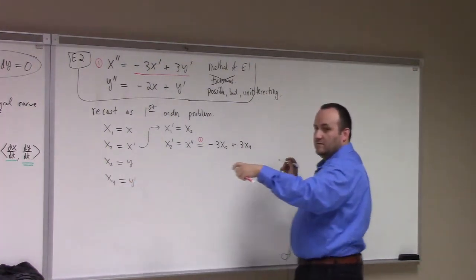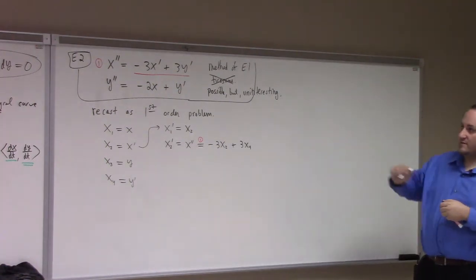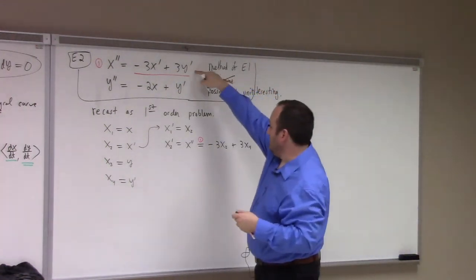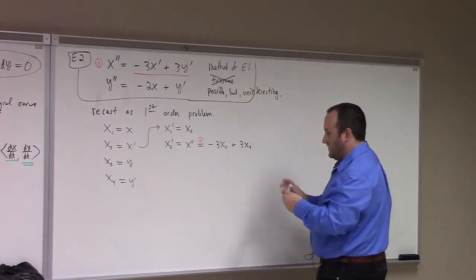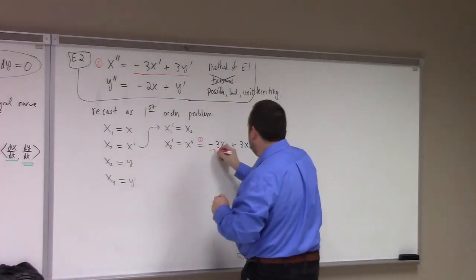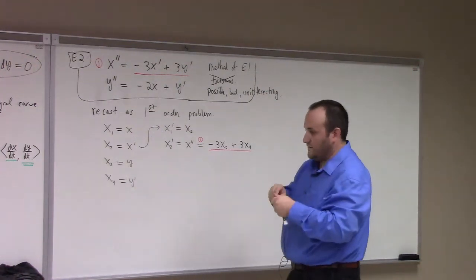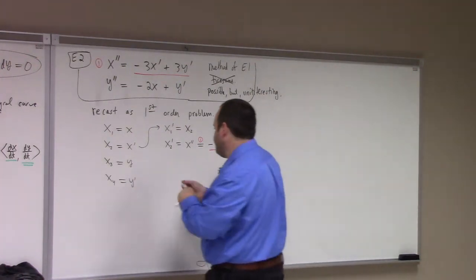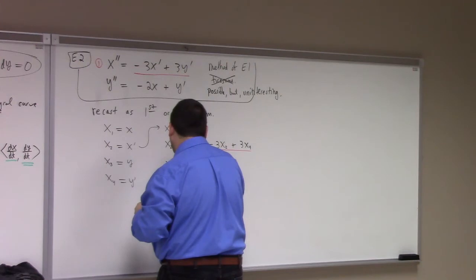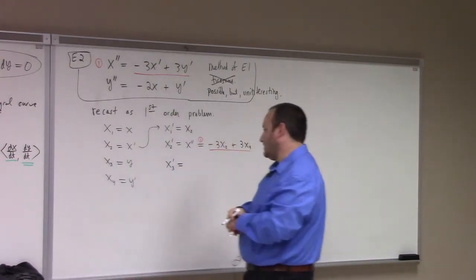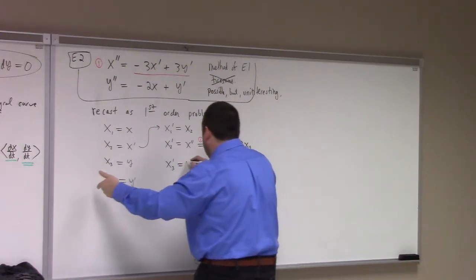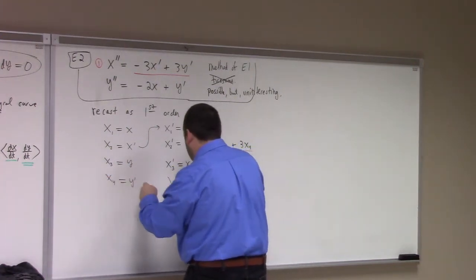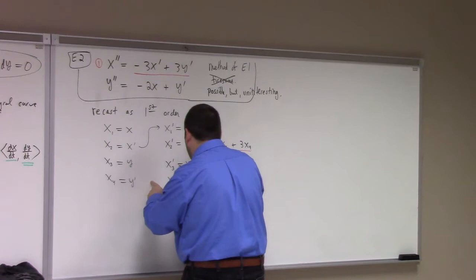See what he's doing? Do you guys understand? Do you follow? We're translating the underlined red thing in terms of our new variables. This is called reduction of order. How about x3 prime? Right, that's because that's y prime, which is x4. x4 prime.